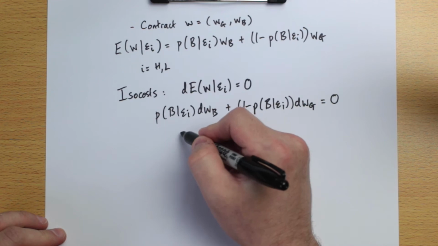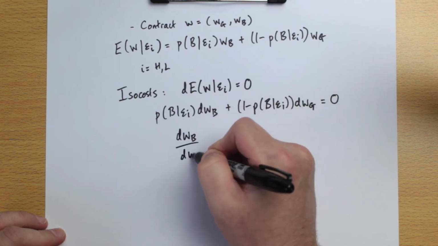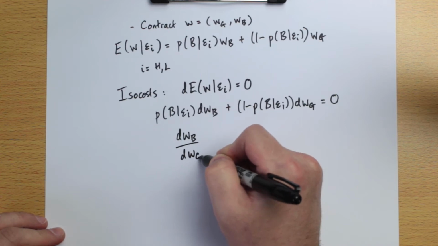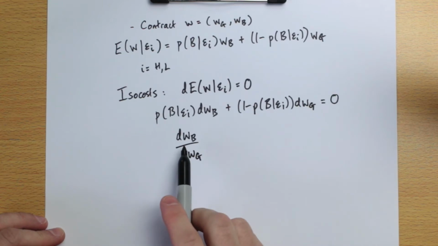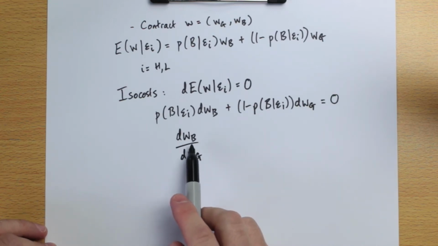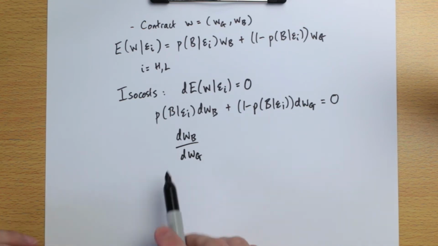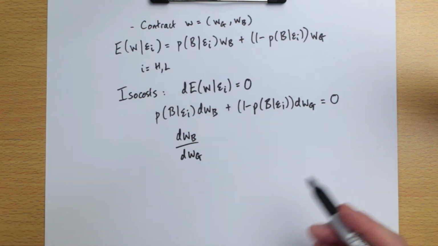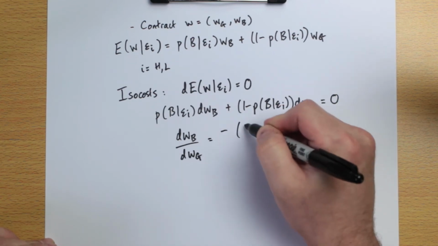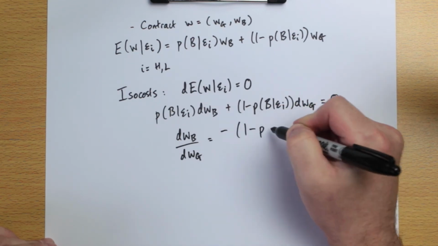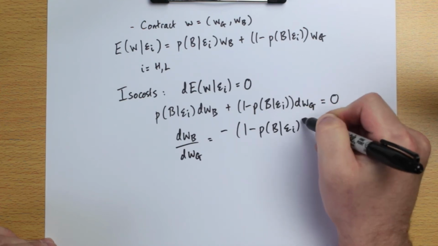And then rearranging this expression to get dWB over dWG. So we'll think of the bad state wage as the y-axis and the good state wage as the x-axis. So this is dy over dx. So the slope of an isocost will be the negative of this odds ratio, very similar to what we've seen before. And it depends on the level of effort.